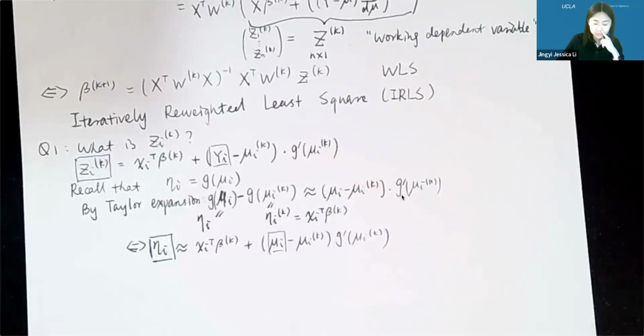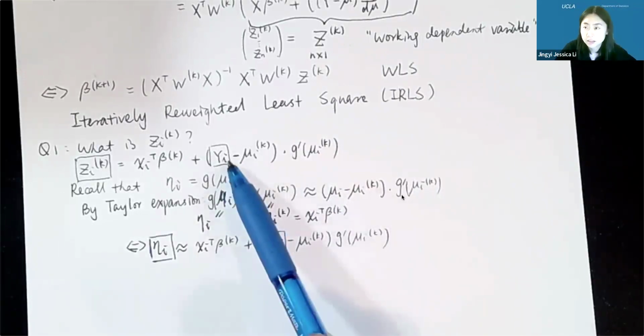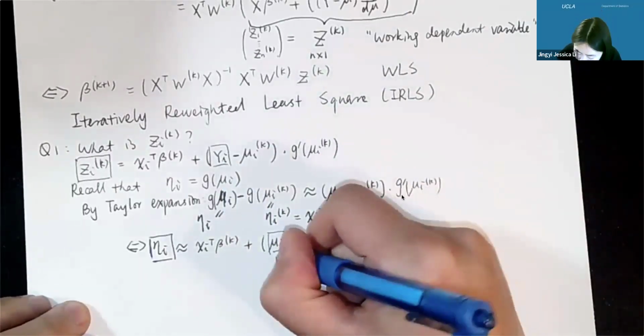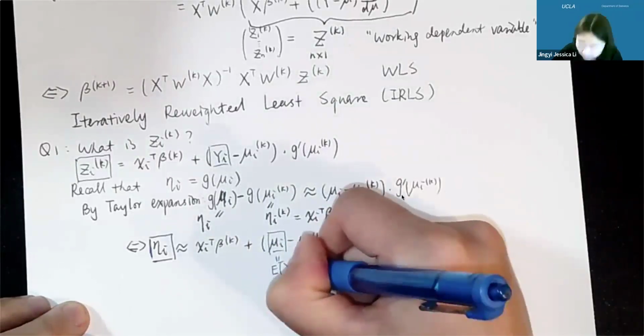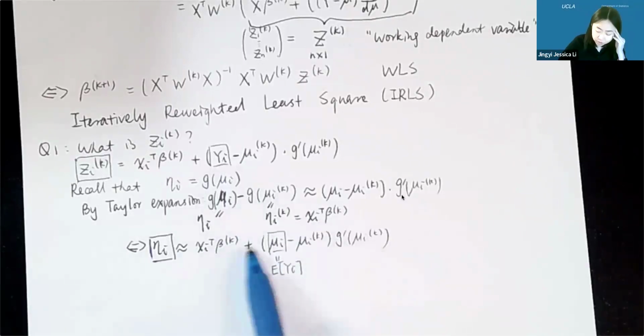Okay, so basically what I'm doing here is that on the right-hand side, I replace mu i by the random observation. So mu i is the expectation of yi, but I replace it by yi, so that on the right-hand side, everything is observed.